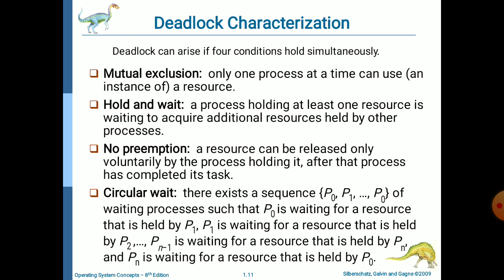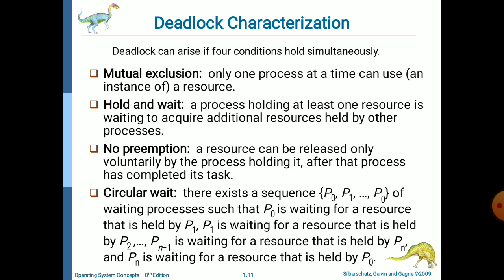Mutual exclusion: only one process at a time can use a resource or an instance of a resource, which means no two processes are acquiring the resource at once. This may also lead to deadlock because one may be holding and the other may be waiting for that resource, and then the holding process may or may not release it.